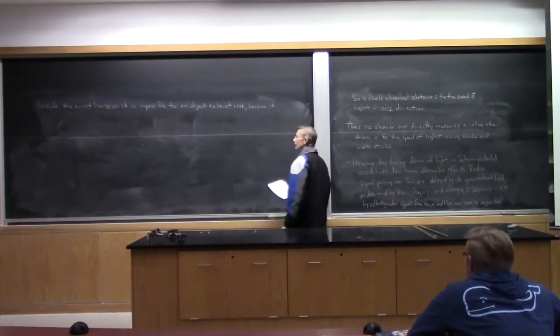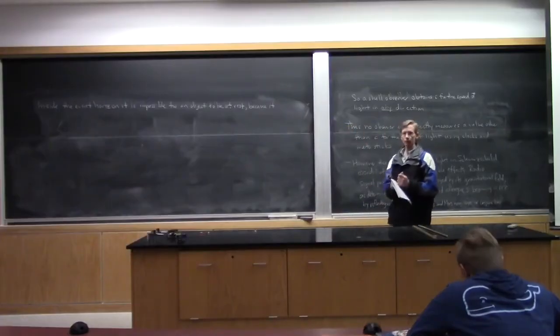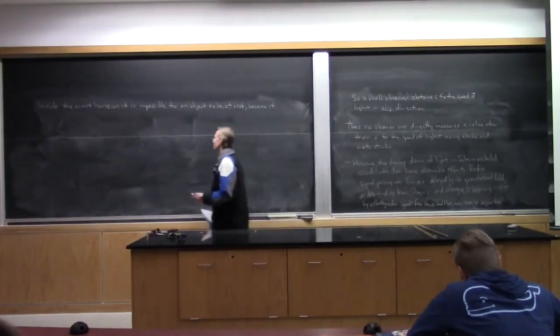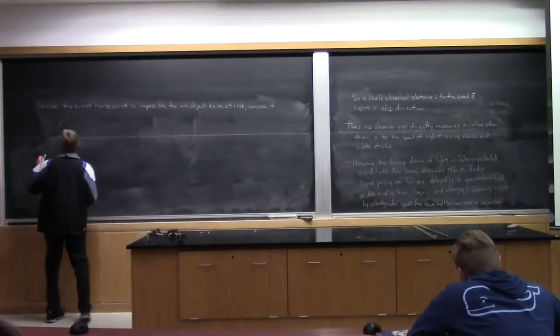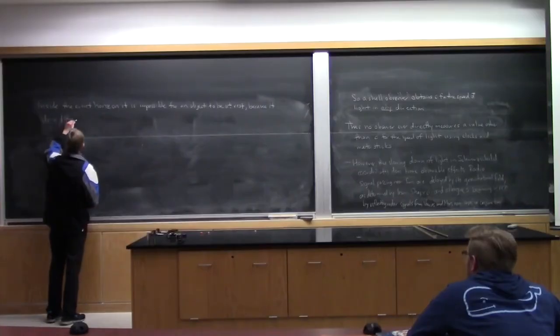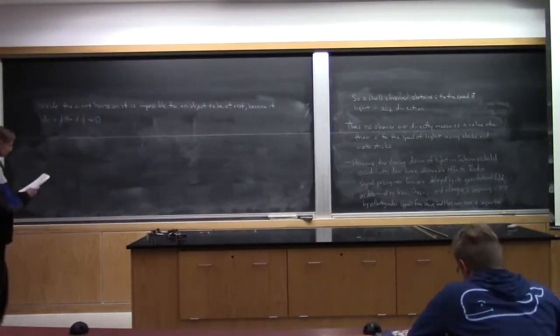Because if it was at rest, then the only thing that would be changing along its world line would be t, and r, theta, and phi would all be constant. So in other words, if it were at rest, we would have dr equals d theta equals d phi equals 0, and then only t would be changing along the world line of the particle.